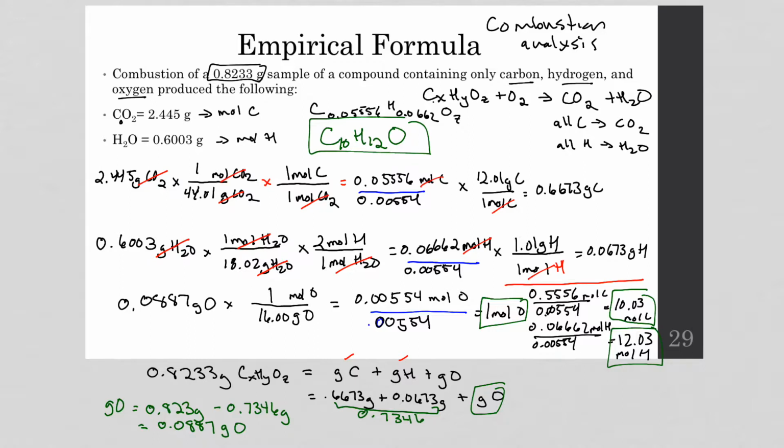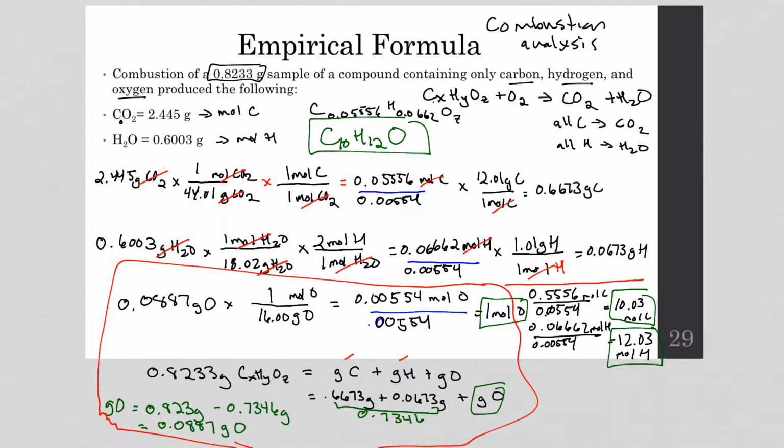Now, I mentioned earlier that the process is a little simpler if you don't have oxygen, right? If you just have carbon and hydrogen. Essentially what that would mean is that you wouldn't have to do any of this part here, where you go back and calculate it.